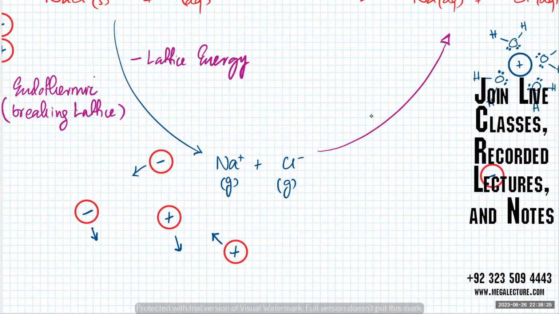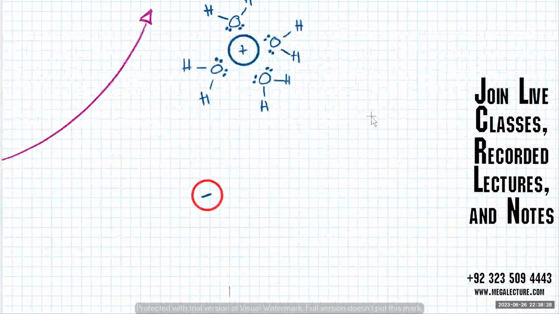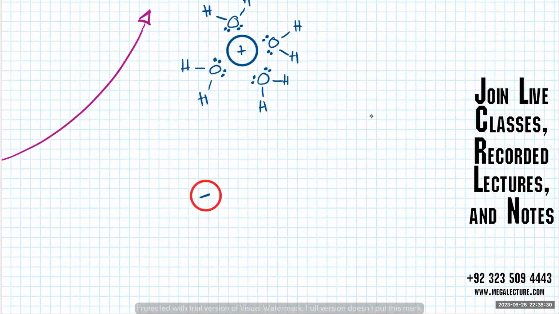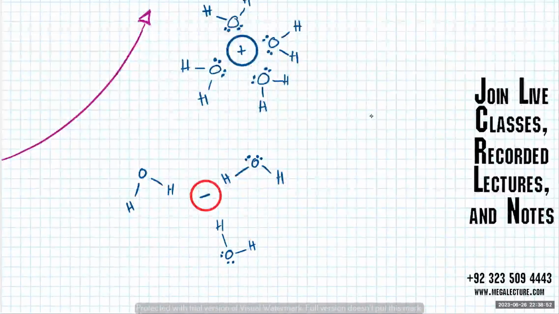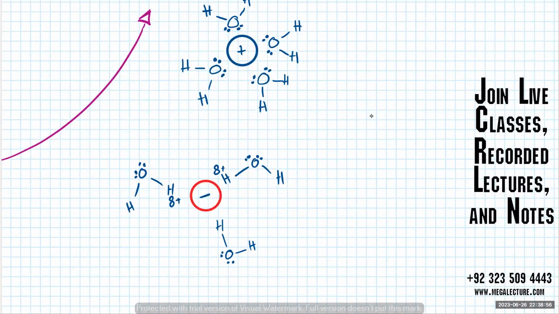So if I have a negative ion, it's also going to be surrounded by water molecules, except the partial positive H in the water molecule is the one that's going to get attracted to it.